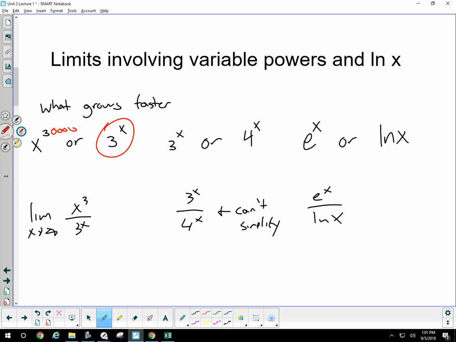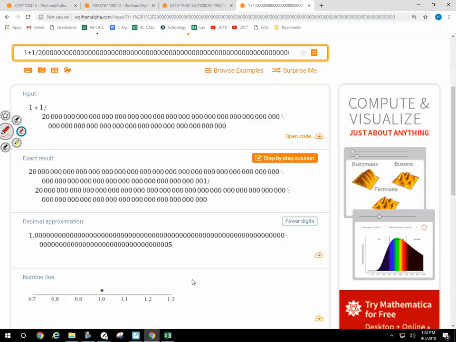Like, if I plug in something like 3 cubed, that is smaller than 3 to the 3,000, right? What I'm telling you is that 3 to the x will eventually catch up with x to the 3,000 and beat it tremendously. Let's do a little experiment.